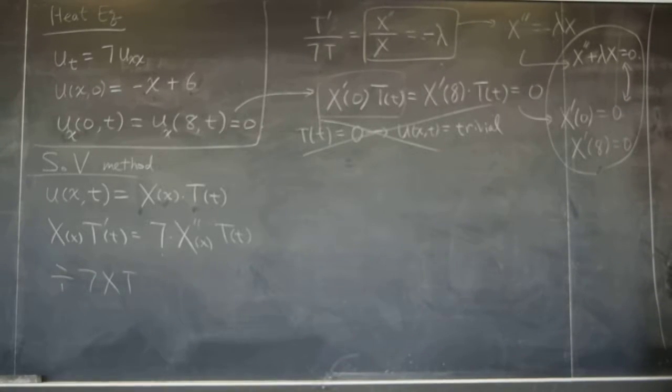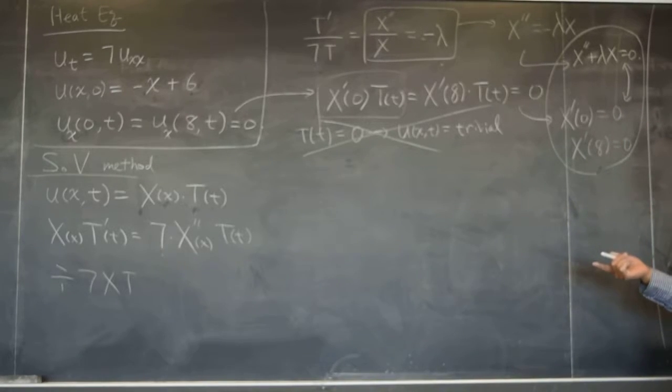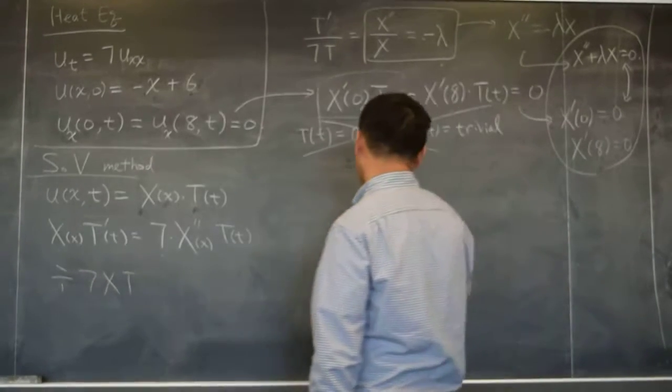And the outcome of that was that such a function that has 0 derivative at the endpoints are what? Sine or cosine? Sine. The sine has value 0 at the endpoints. Okay? It would be cosine. Cosine with length L equals 8 should be what?